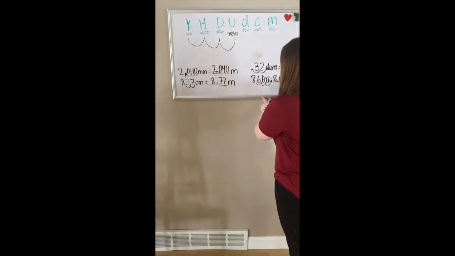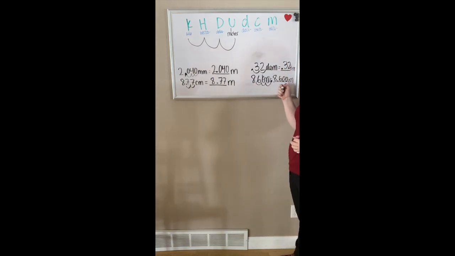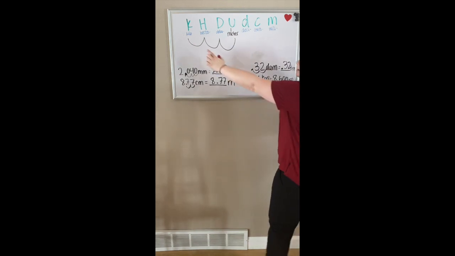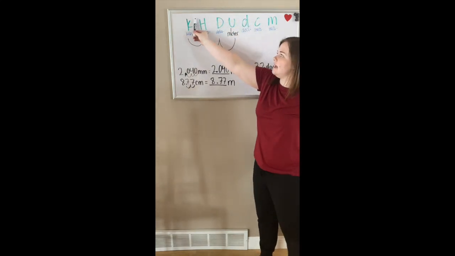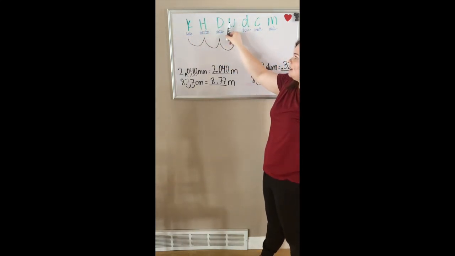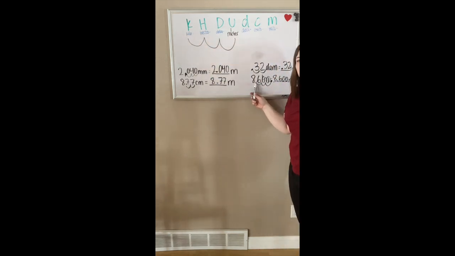So I know that 8.6 kilometers is the same thing as 8,600 meters. So by going from kilometers to meters, I multiplied by 10 again, and by 10 again, so I ended up multiplying it by 1,000. 8.6 times 1,000 is the same thing as 8,600.